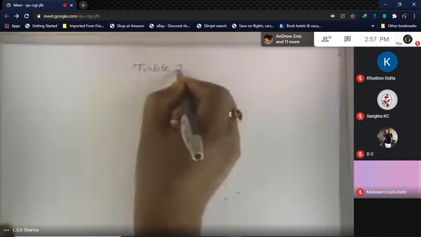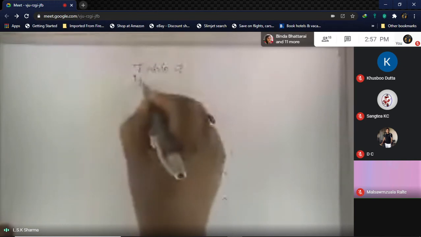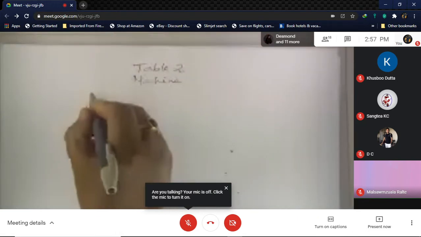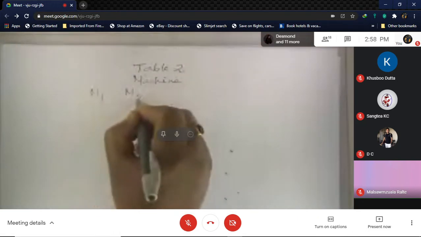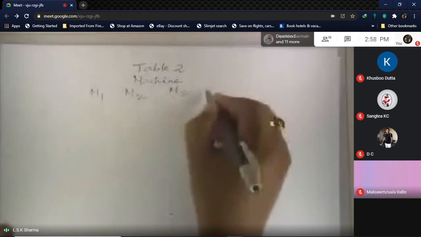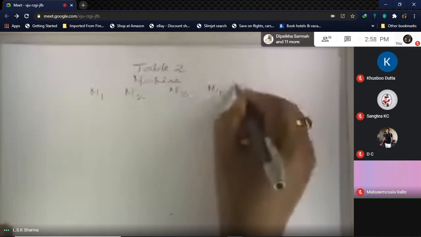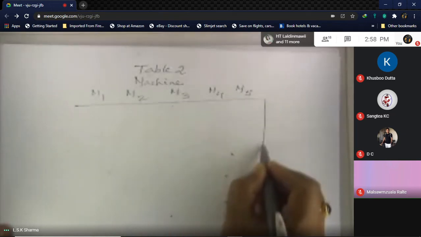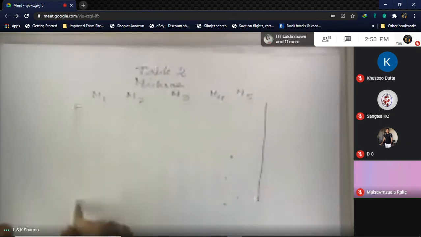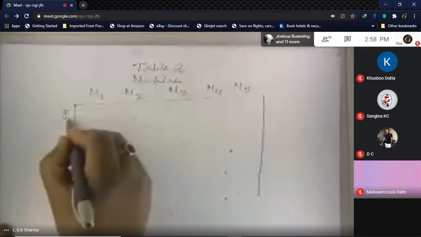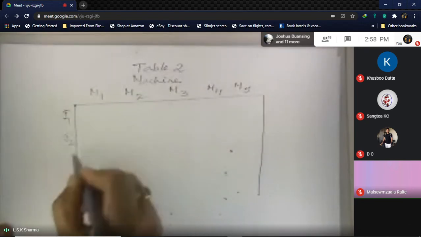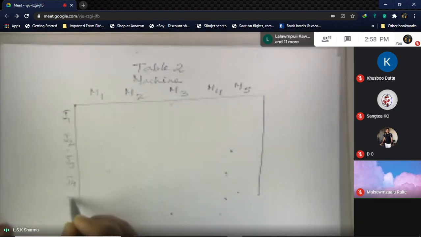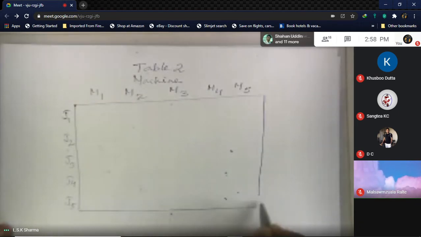Table 2. I'm going to write here machines. And I have M1, M2, M3, M4, M5. This is followed by J1, J2, J3, J4, and J5.